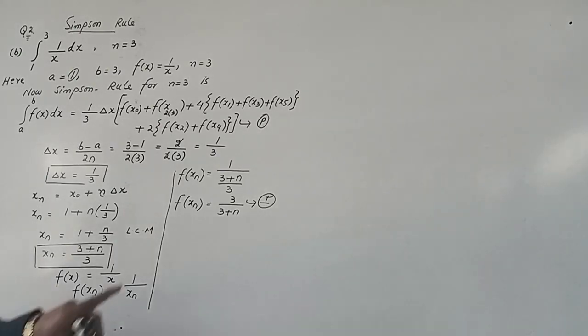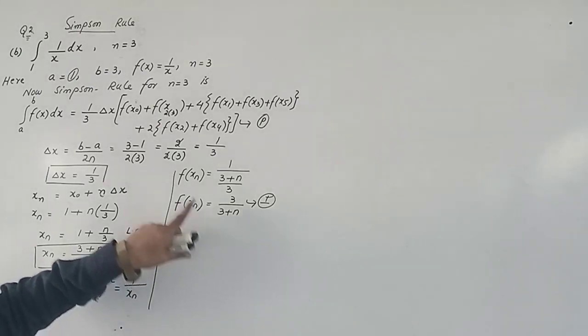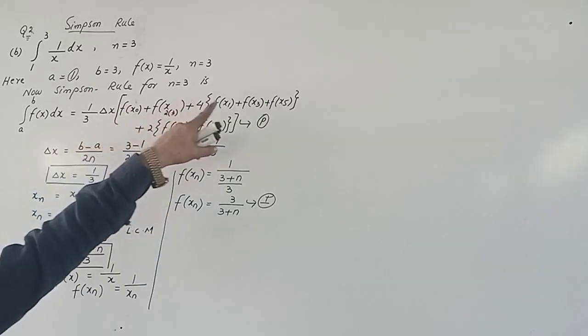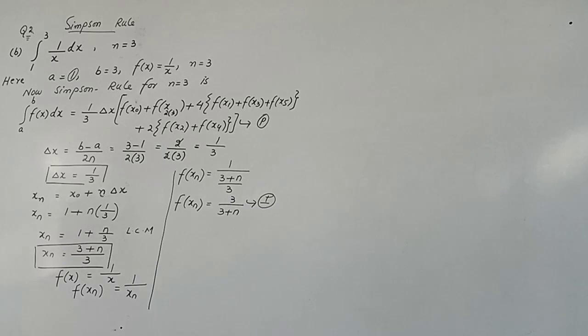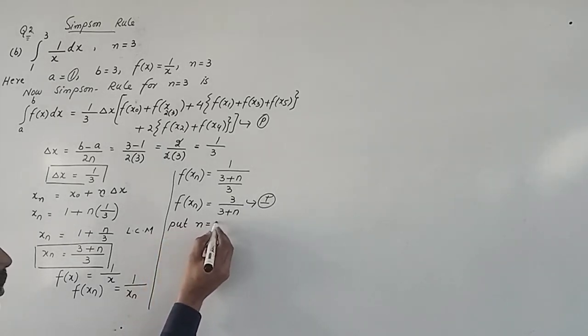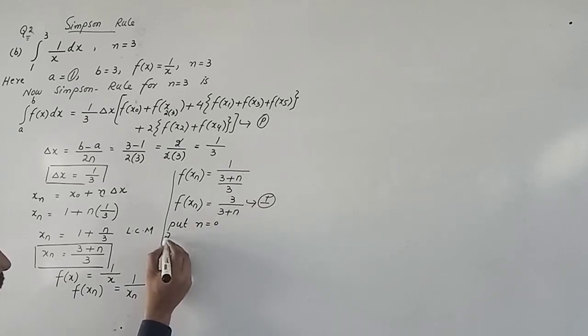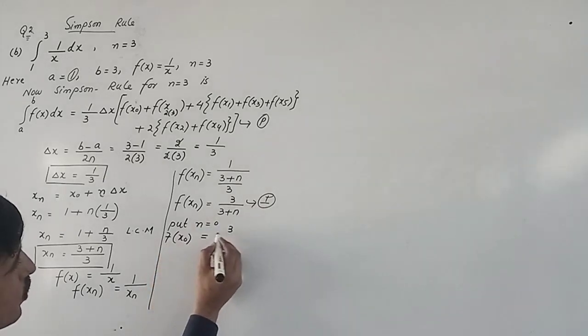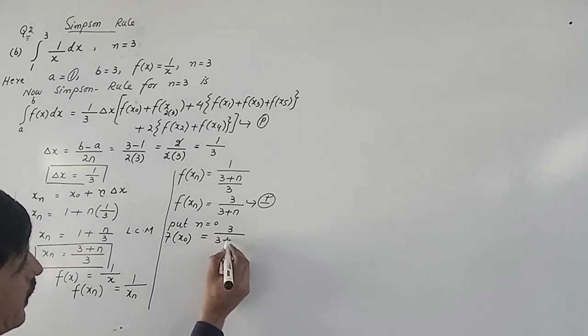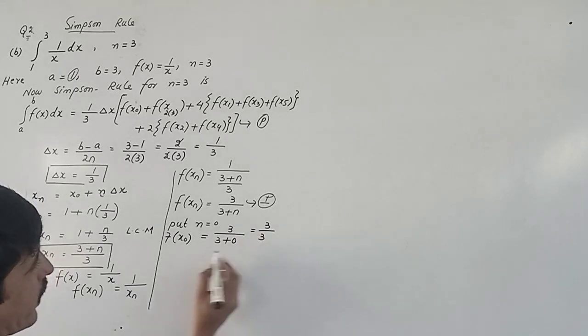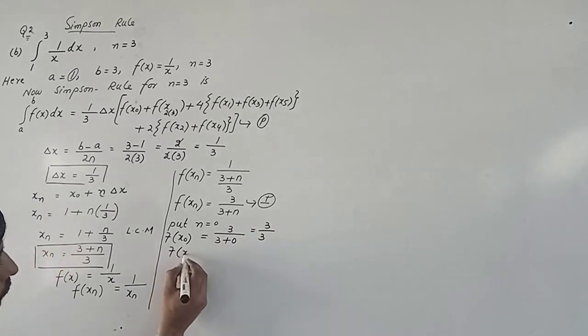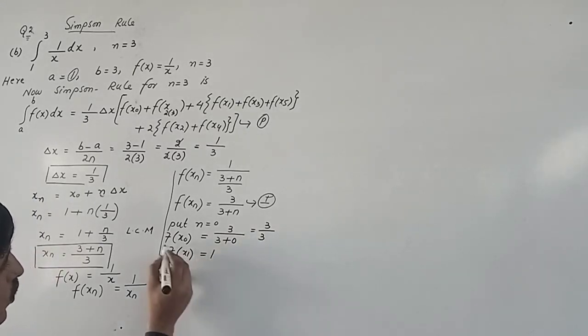Now from equation 1 we have to find all these values from x naught to x6. Put n is equal to 0 in equation 1, so we get f of x naught is equal to 3 divided by 3 plus 0, which is equal to 3 divided by 3. So f of x naught is equal to 1.